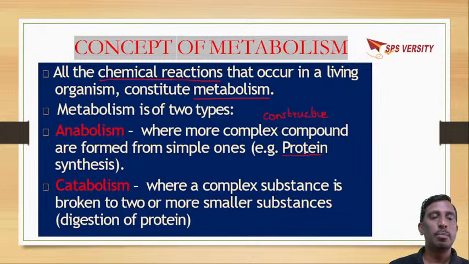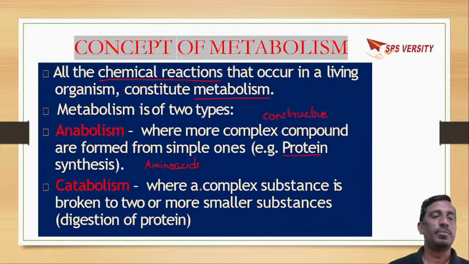Protein is a complex macromolecule which is formed by combination of amino acids. इसमें बहुत सारे amino acids रहता. ये amino acids के बीच में peptide bond रहता और peptide bond और amino acids combinedly it is called protein. Amino acids are simple one, protein is a complex one.